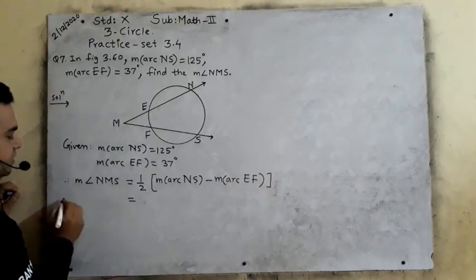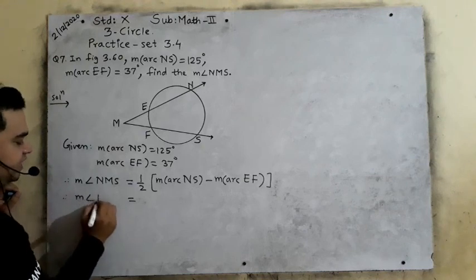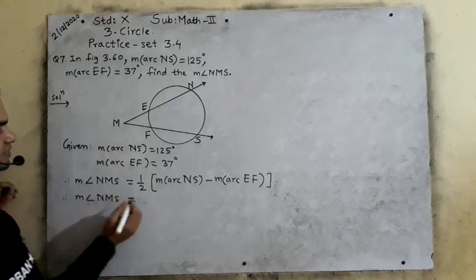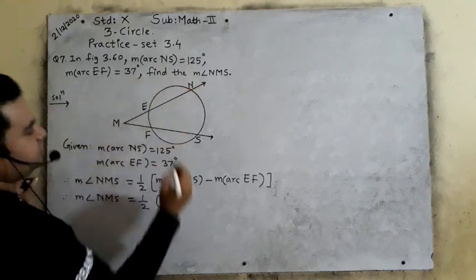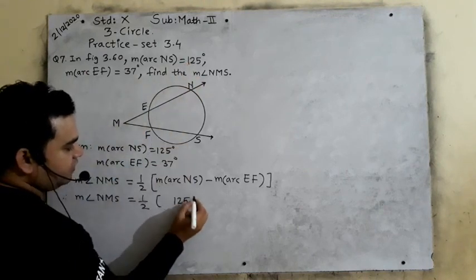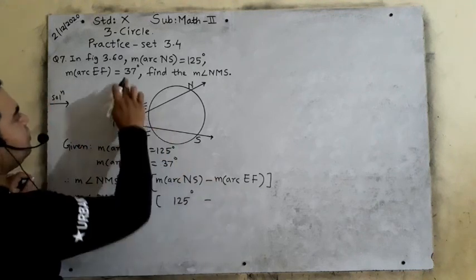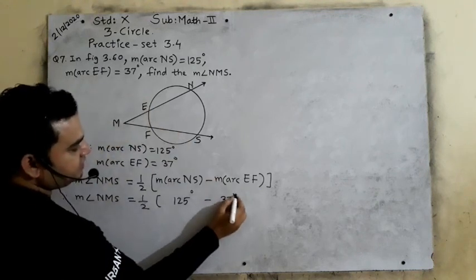So therefore angle NMS is equal to half of (arc NS is how much, 125 degrees, minus EF is how much, 37 degrees).